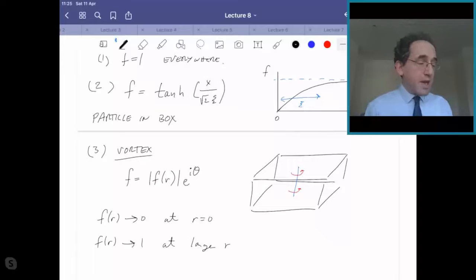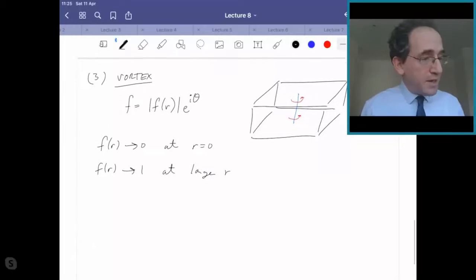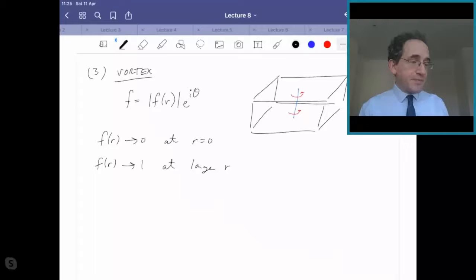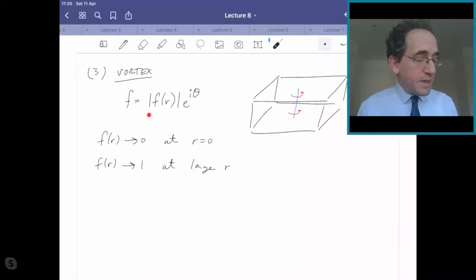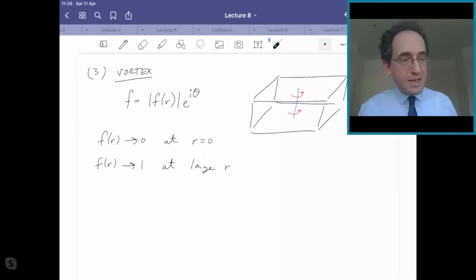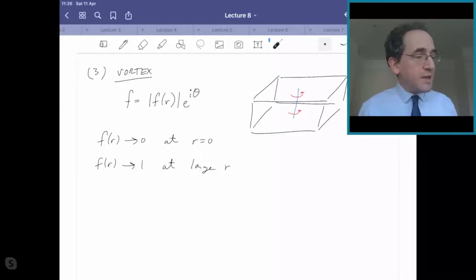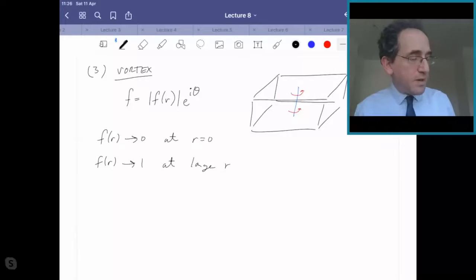But we can actually do a little bit better. We can calculate in some amount of detail the functional form of this f, although we can't calculate it in all of its entirety, but we can get some of the details right by throwing out the appropriate terms.